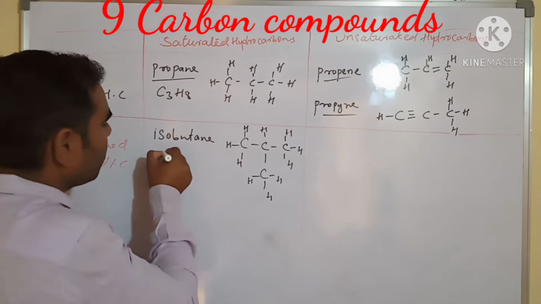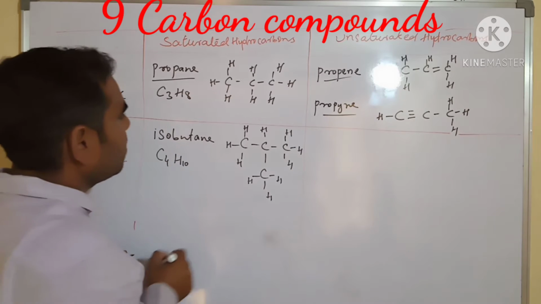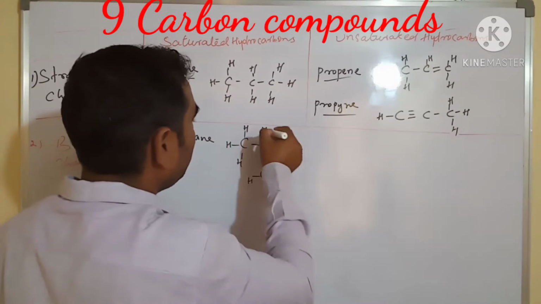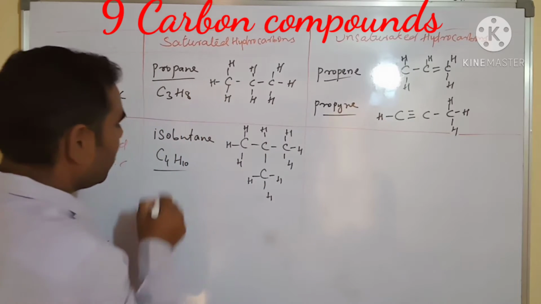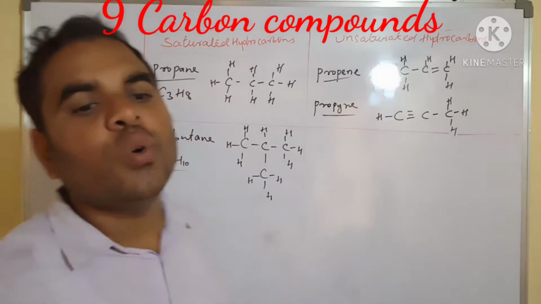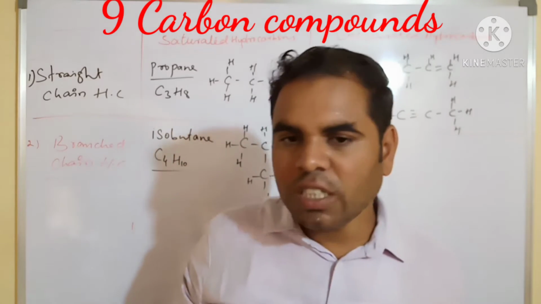Here also C4H10. We count the hydrogens, 1, 2, 3, 4, 5, 6, 7, 8, 9, 10. We call this isobutane.